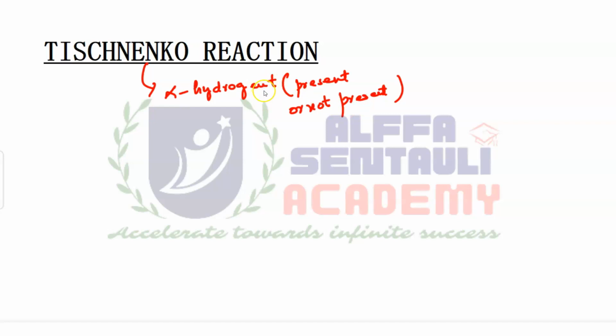What is special about this reaction? Let's suppose we are taking a molecule which has an alpha hydrogen atom. Let us take ethanol for our case. Now this reaction happens in the presence of which compound? In the presence of ammonium methoxide.